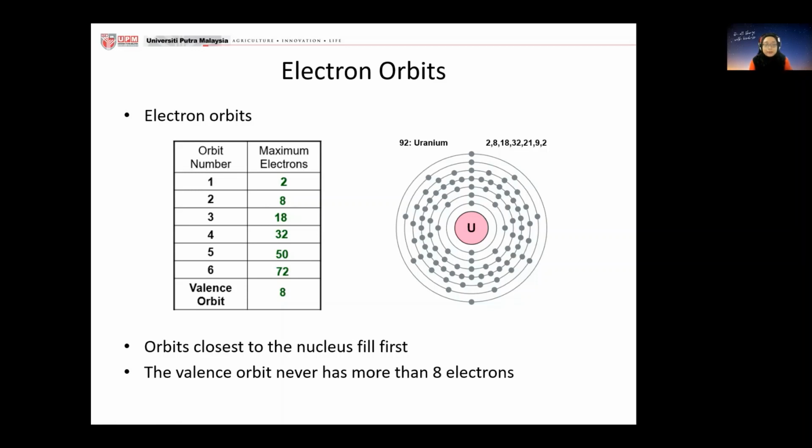But always remember, orbits closest to the nucleus will fill up first. So it's always going to be from innermost to outermost. And for the one at the outermost, if you remember, we said valence electrons. The valence orbit never has more than 8 electrons.